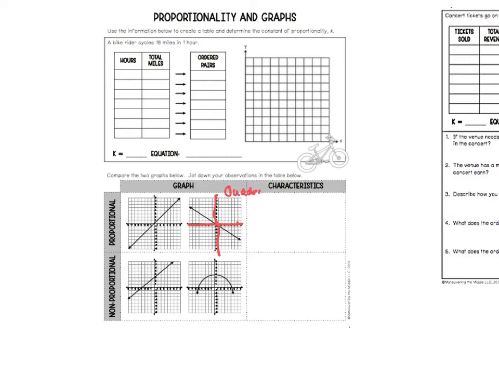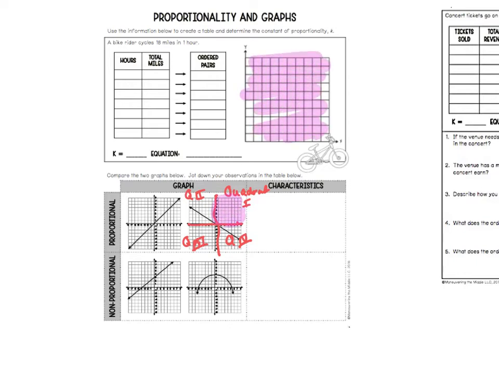So quadrant means 4. So this is quadrant 1. I'm going to abbreviate. This is quadrant 2, quadrant 3, and quadrant 4. And we use Roman numerals for those. That should be a 3. And we frequently tend to work in just quadrant 1, which is what you're seeing here.